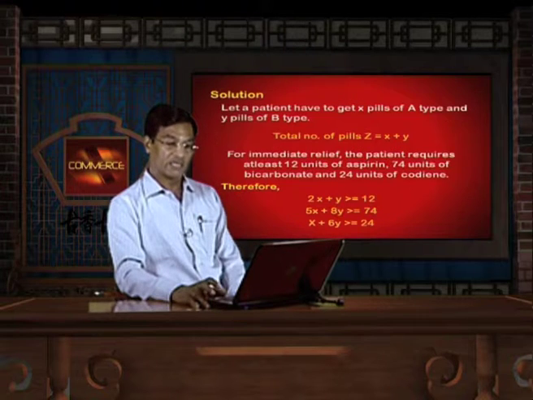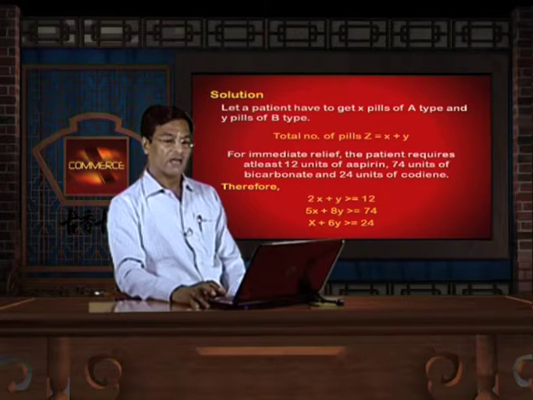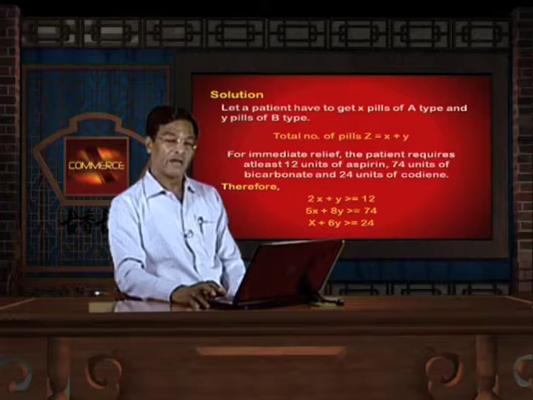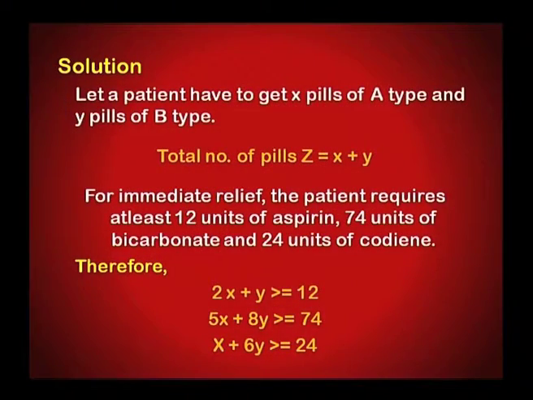Its solution is: let a patient have to get x pills of type A and y pills of type B. Therefore, the total number of pills is x plus y. For immediate relief, the patient requires at least 12 units of aspirin, 74 units of bicarbonate and 24 units of codeine.